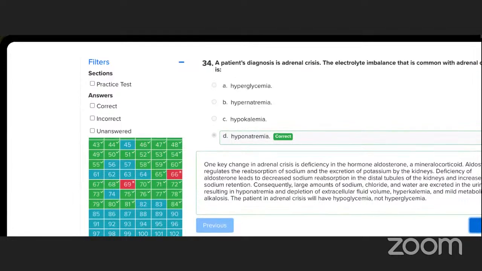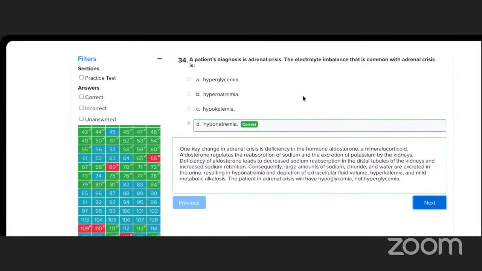I'm going to put this in the notes while you go over the next question: what is an adrenal crisis and which electrolyte imbalance.